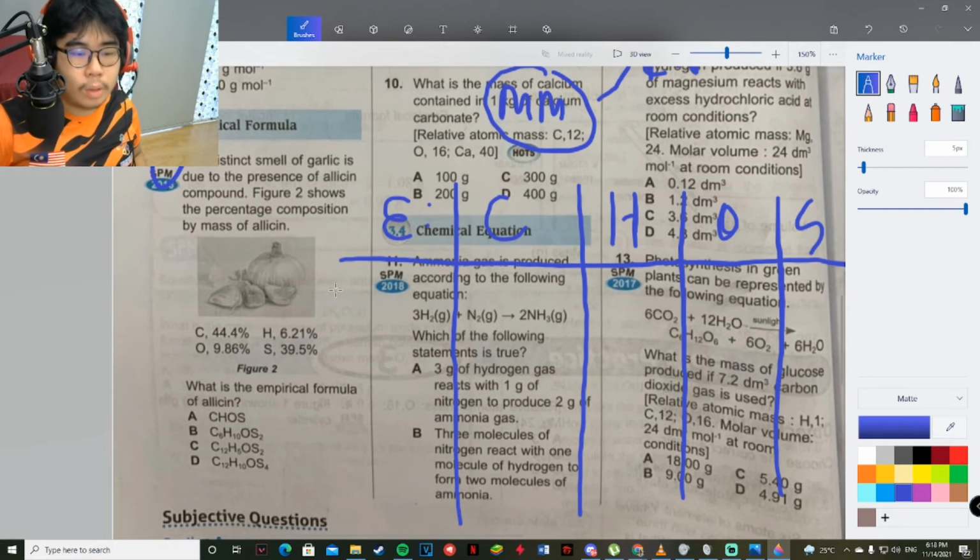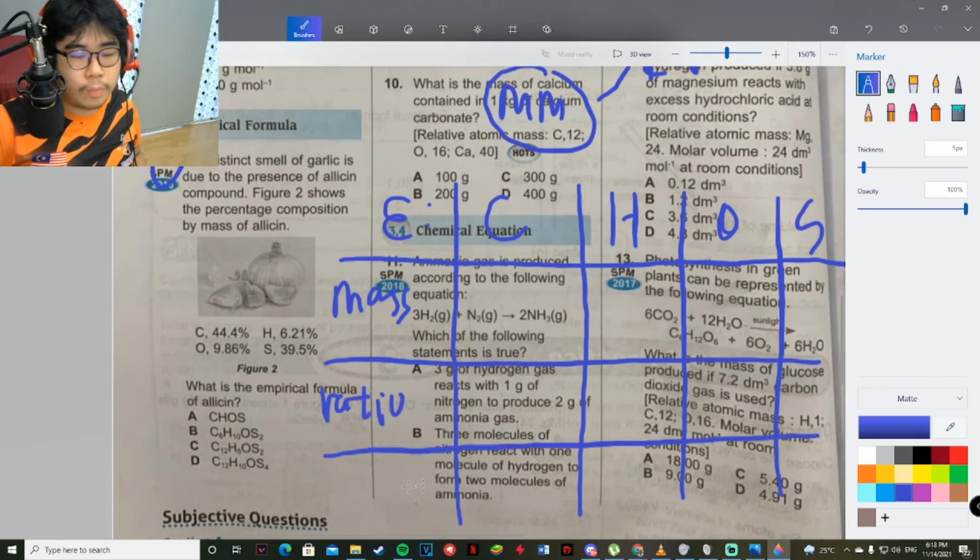The second one, you need to put mass. Third one, you need to put ratio. Fourth one, you need to put simplest mole ratio, or just mole ratio.